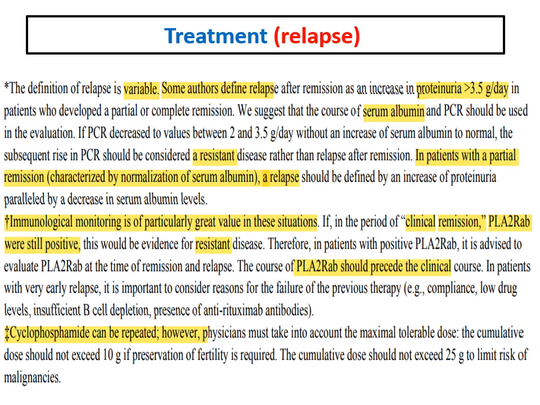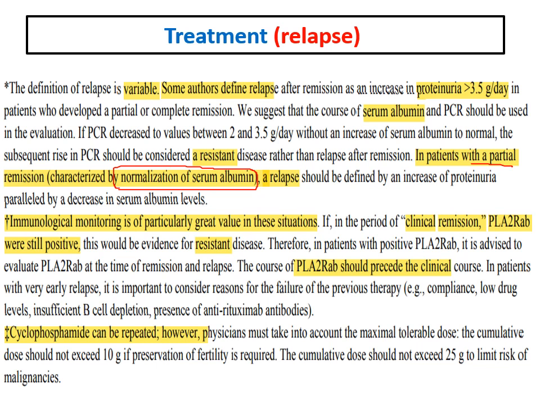But what about the definition of relapse? In a patient with remission who responded, characterized by a decrease in the proteinuria of more than 50% and normalization of the serum albumin, this is a remission.